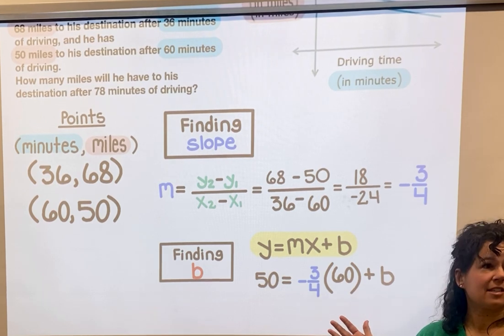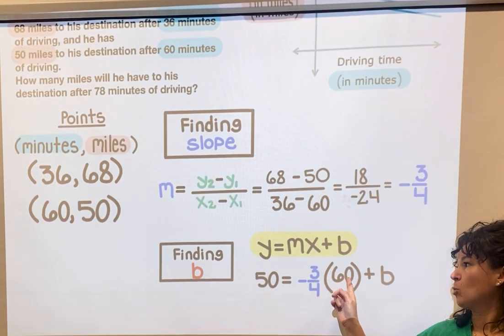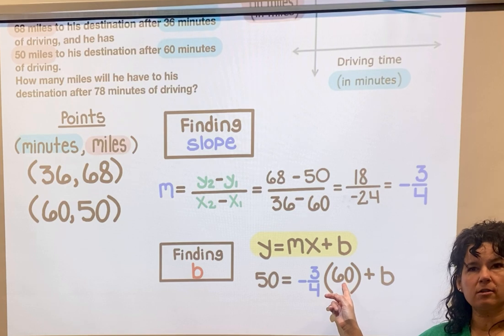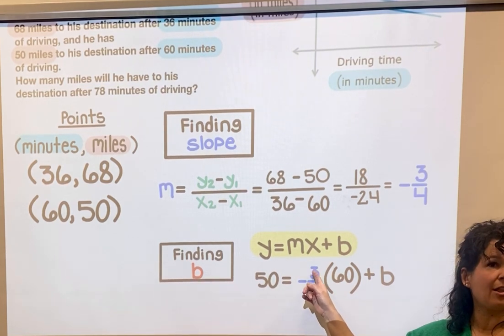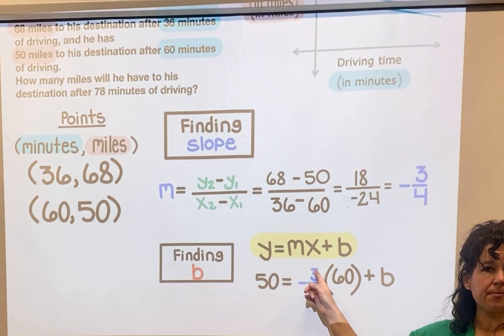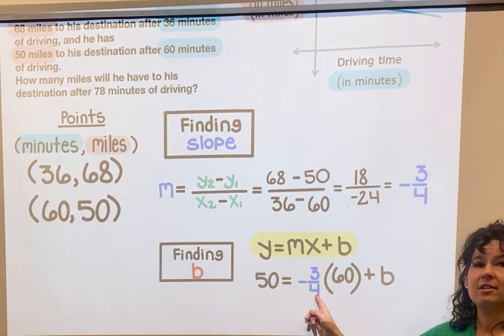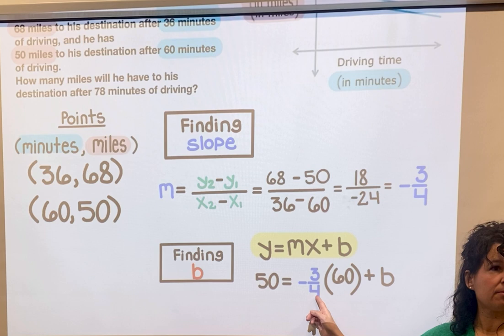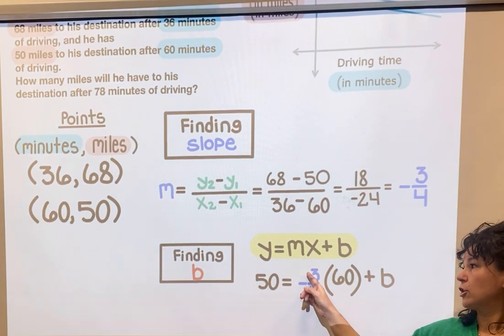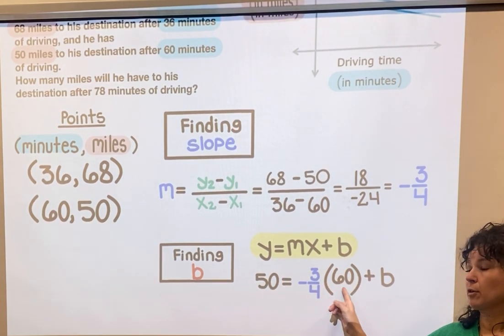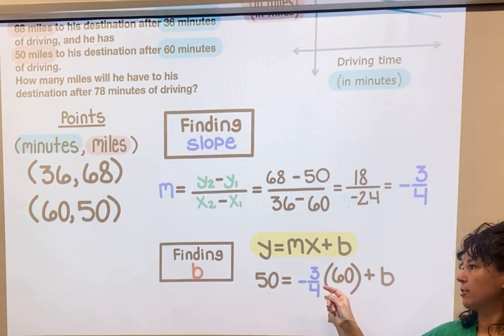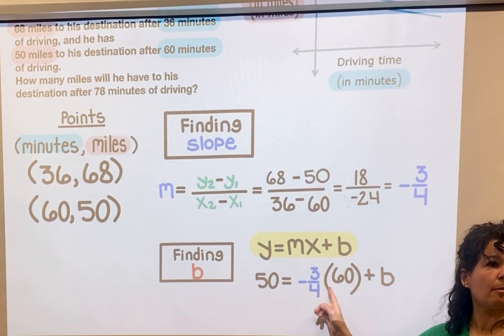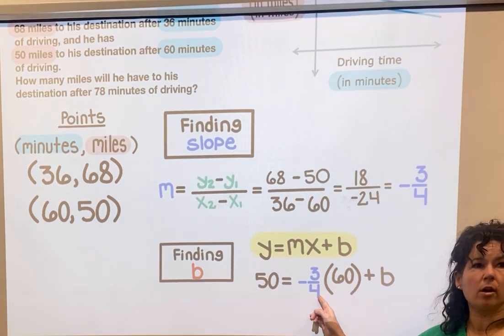Maybe consider this technique. When you're multiplying by a fraction, hopefully it makes sense to you that when a number is in the numerator, that's multiplication. And when a number is in the denominator, that's division. So I could do 3 times 60 over 4 times 1, it's fine. But another way to think of it is, since 4 is in the bottom, I'm going to be dividing the 60 by 4.